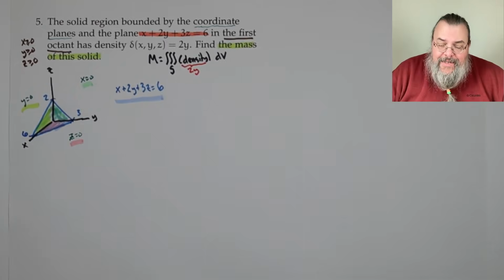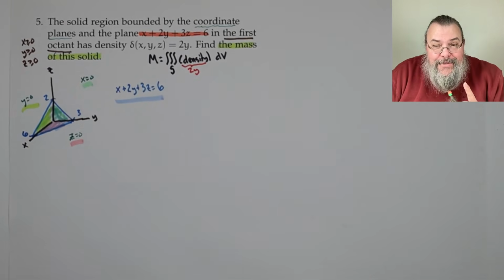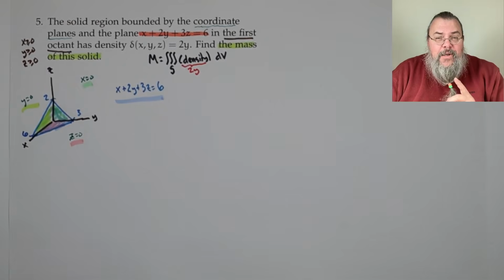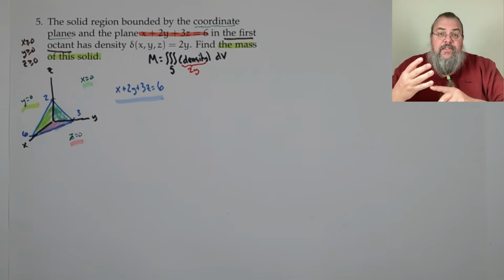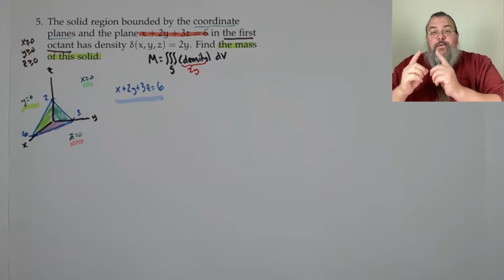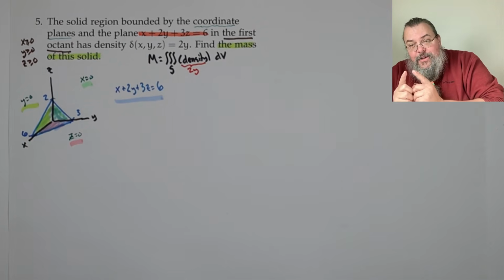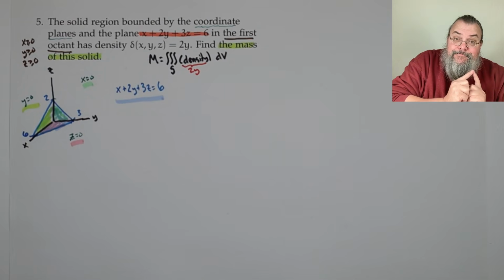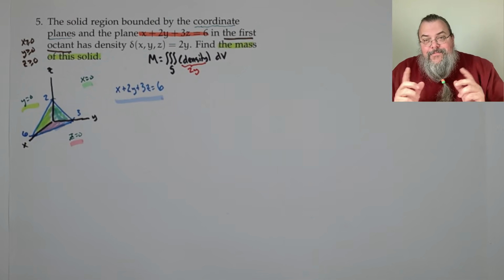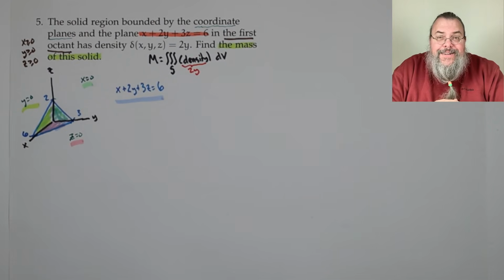So let's look at our function, 2y. Think about this for a second. We have to integrate with respect to x and y and z in some order. Would we like to integrate with respect to y early or later? You might say, does it matter?